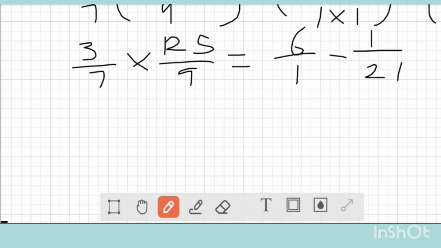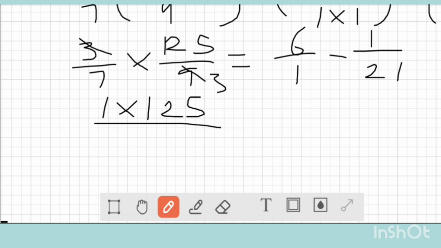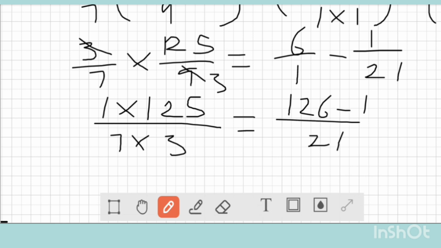Here 3 will divide 9, so I'm left with just 1 multiplied by 125 over 7 times 3, this equals 6 times 21 is 126 minus 1 all over 21.